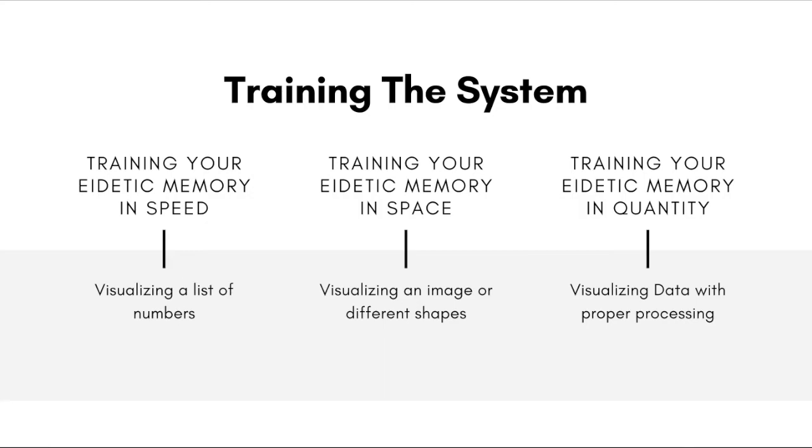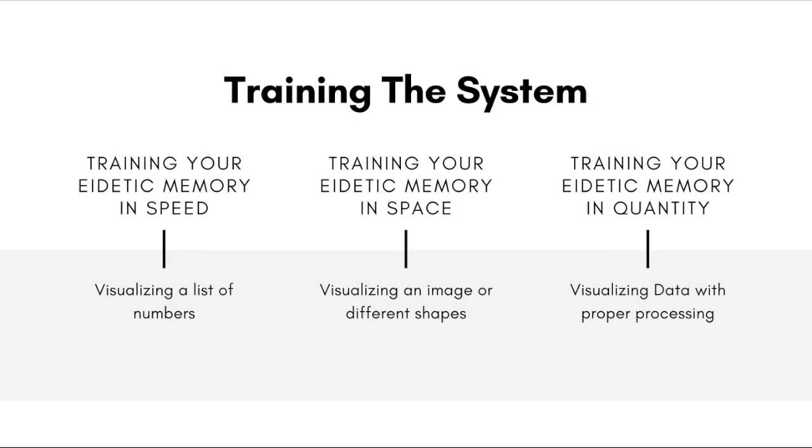Instead of reading 2 words and trying to remember what you read after glimpsing at them, or after glimpsing at 5, 6 numbers in a row, or after glimpsing at a basic picture or cartoon or animation, you're going to start doing the same but with bigger, higher quantities.